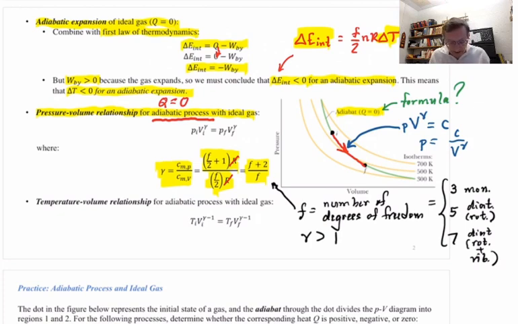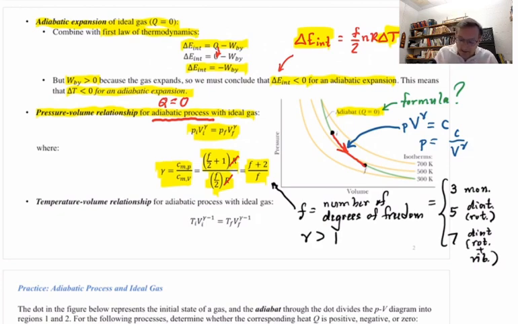Now, there's another way to rewrite the pressure-volume relationship in an adiabatic process that can be helpful in solving problems. What if you have a problem with an adiabatic process in an ideal gas, but it doesn't give you pressure and it doesn't ask for pressure? Instead, this problem is concerned about volume and temperature, because that could be pretty common as well.